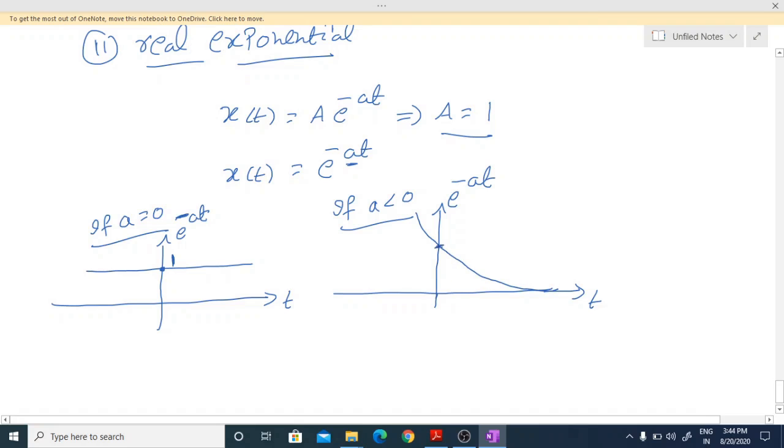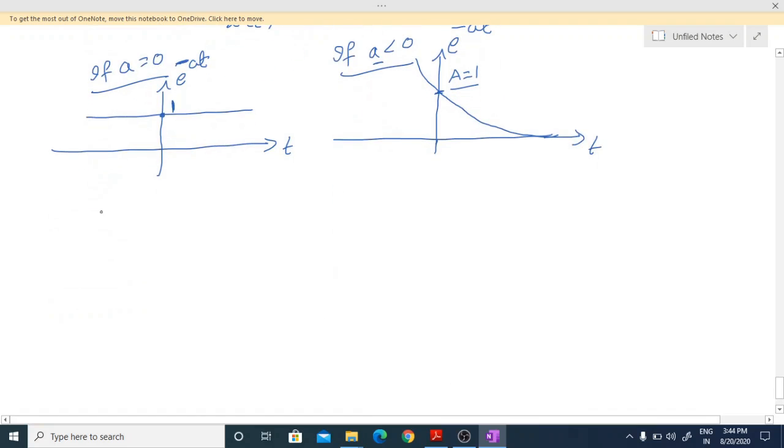This crossing point is equal to A, and in our example A equal to 1, so this crossing point is 1. So whenever the small a value is less than 0, that means minus 1, minus 2 and so on, then we get an exponentially decaying signal.